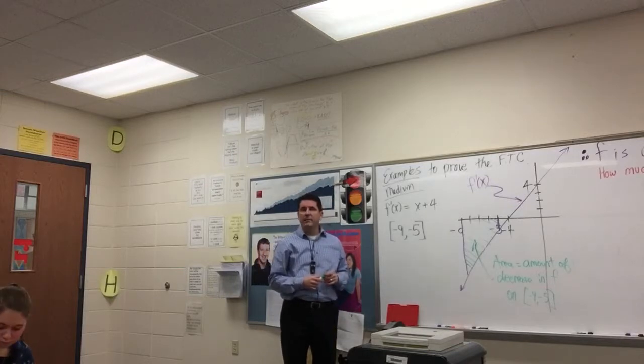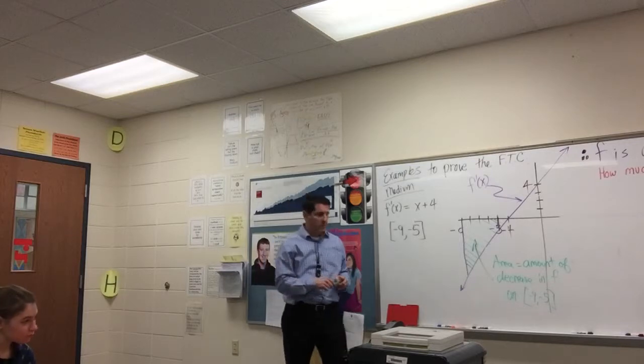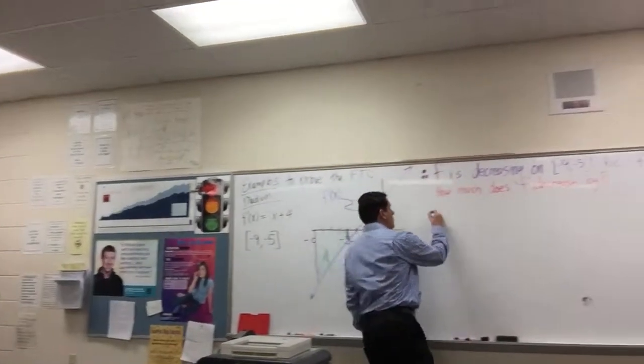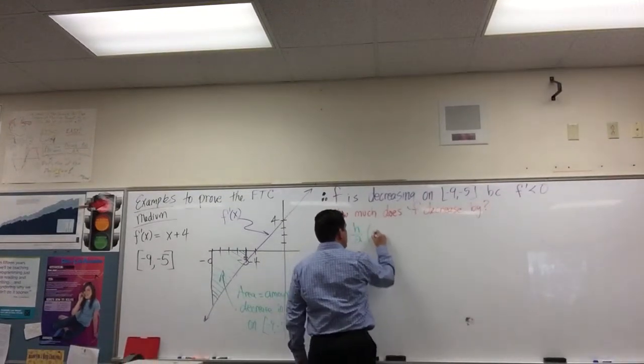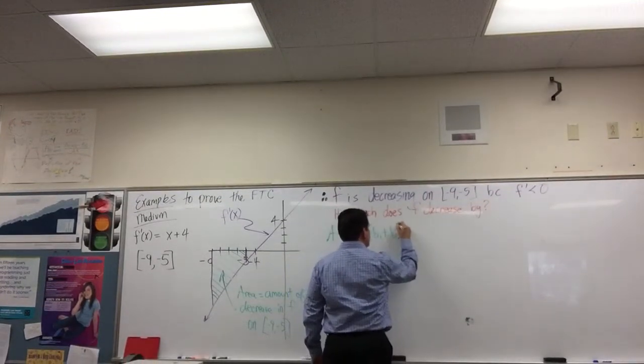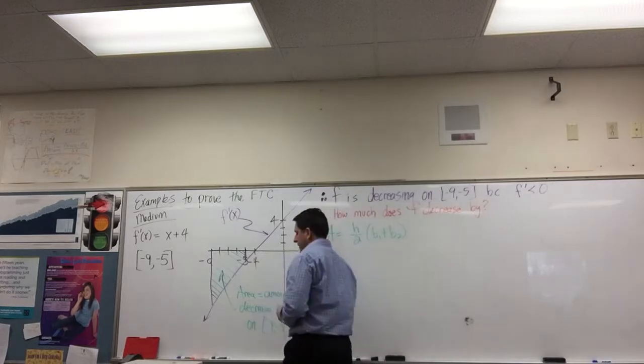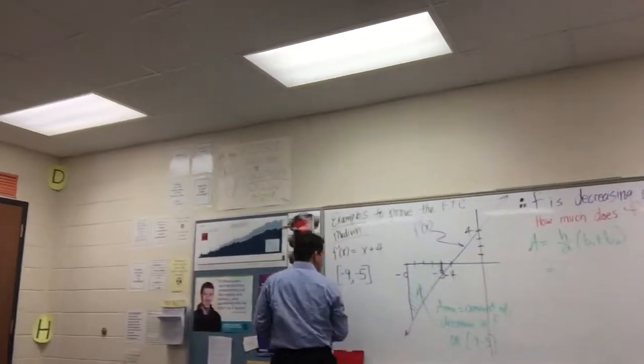Okay, what kind of shape is that? Trapezoid. Okay, so the area of a trapezoid is h over 2 times the sum of the two bases. Okay, that's the trapezoid formula.